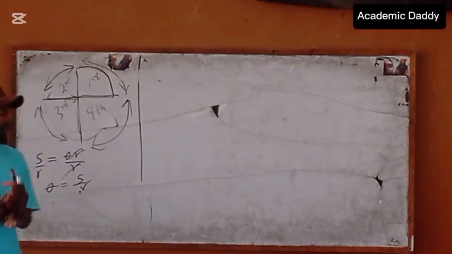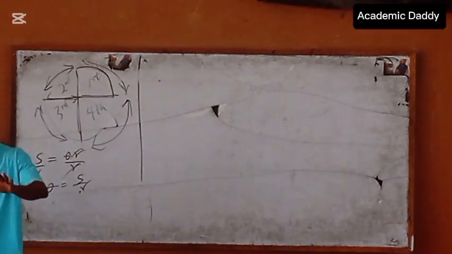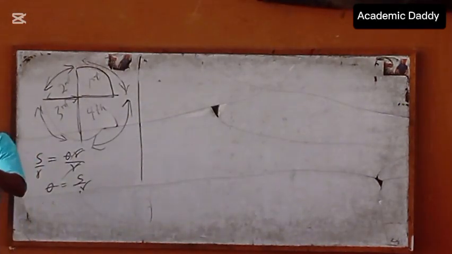Whenever they tell you centripetal acceleration, that is the acceleration that gives you everything called circular motion. It is the acceleration that pulls a body towards the center of rotation, or towards the fixed part. Once that centripetal acceleration is not there, the body will just move off.